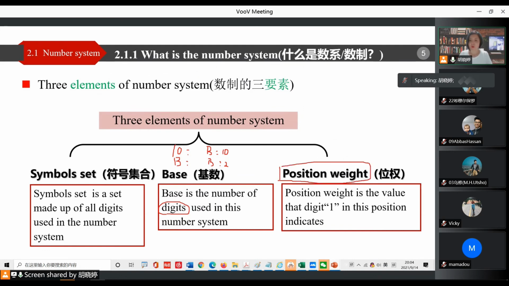For different position bits, the digit will have different weight. So according to the digit and its position weight, you will get what number is represented. For example, in the decimal system.